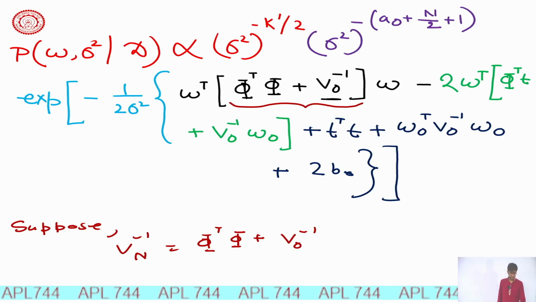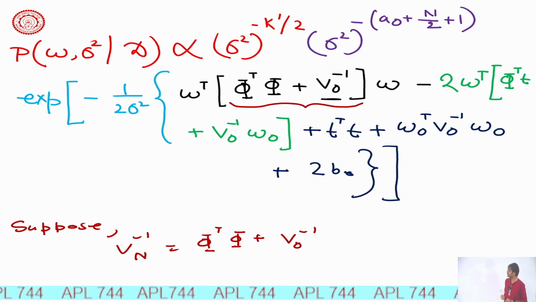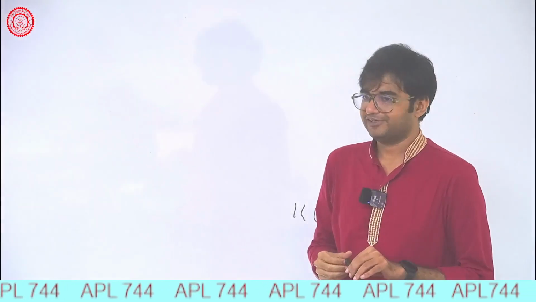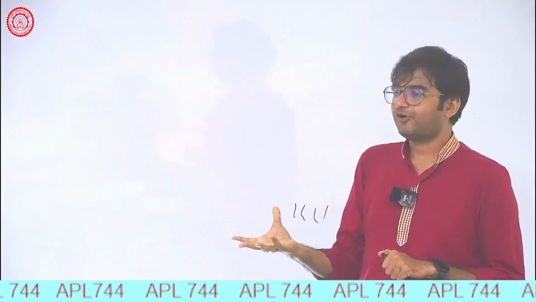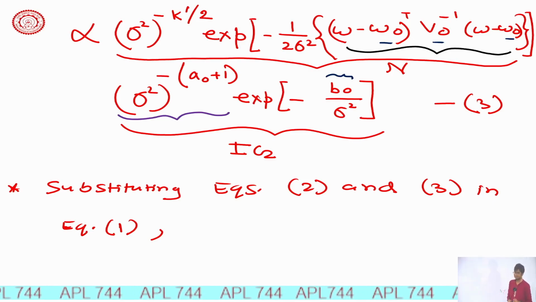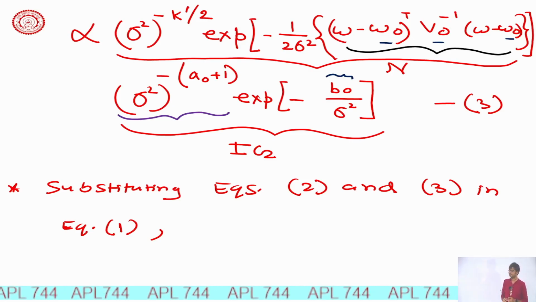What I have done? Basically, just given some name. Now, second thing, you tell me, what is the term that is with the linear W transpose? Phi transpose T plus V naught inverse W naught. I want to give another name for that. What should I give? Let me give you a clue. The clue is that, think of Gaussian. In Gaussian, what is there with W transpose? The linear term. Look at this top expression and tell me, what is there with W transpose? V naught inverse W naught.